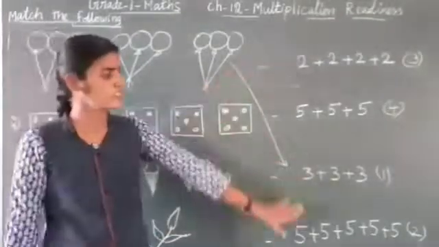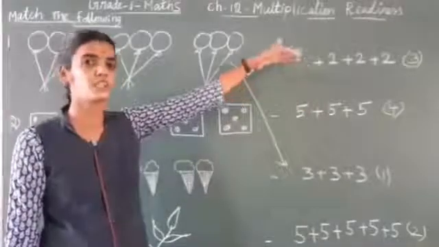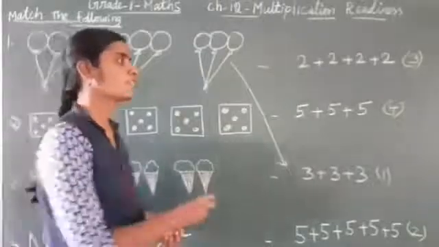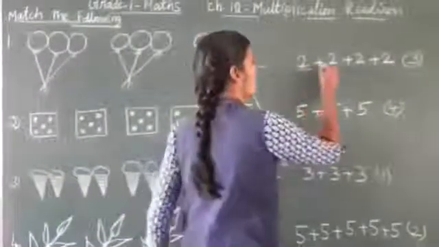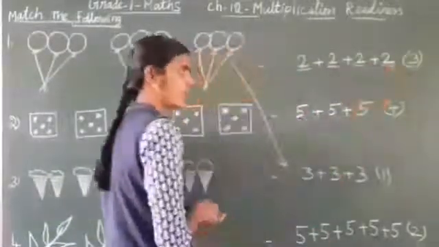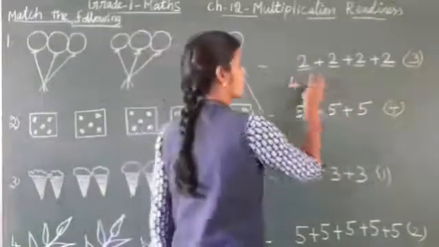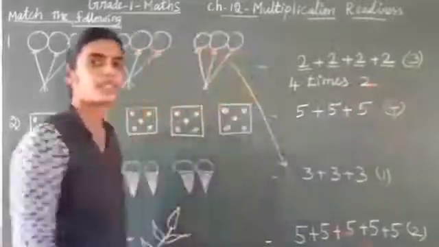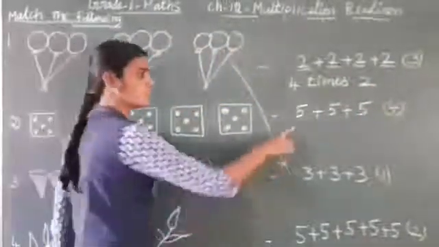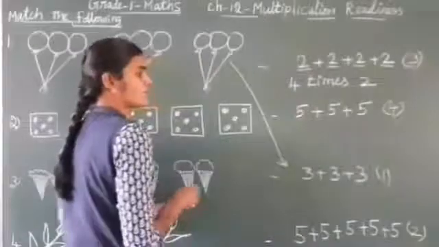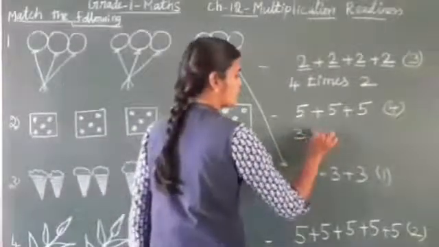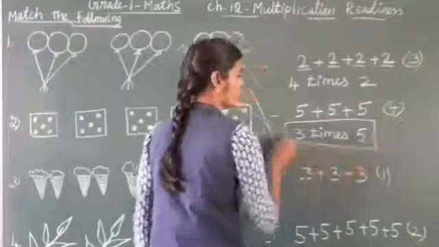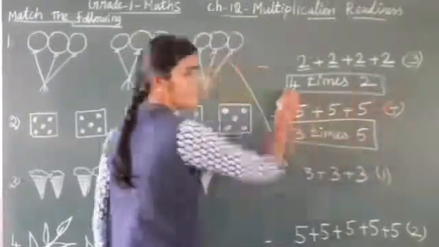Now let us see this. Using repeated addition, we are going to make a multiplication sentence. How many times is 2 repeated? 1, 2, 3, 4. So how do you write the sentence? 4 times 2. Next here, how will you write? 3 times 5. Here 4 times 2.